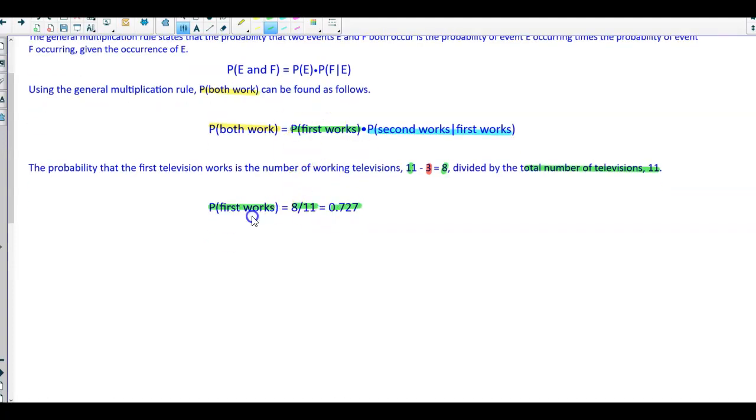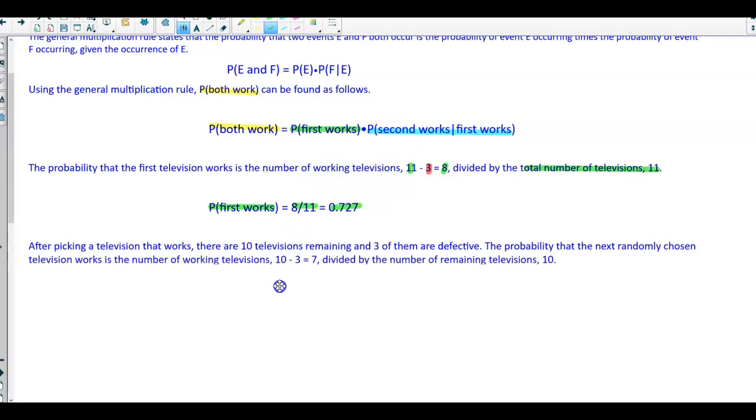Now we picked our first television that works. Now we need to pick a second television that works. If we pick 1 from the 11, how many do we have left over? After picking a television that works, there are 10 televisions remaining, and there are still 3 that are defective.